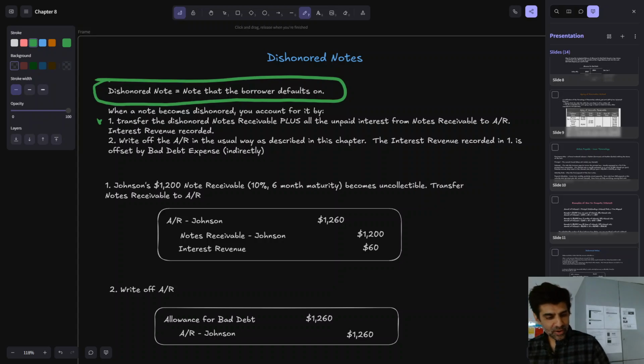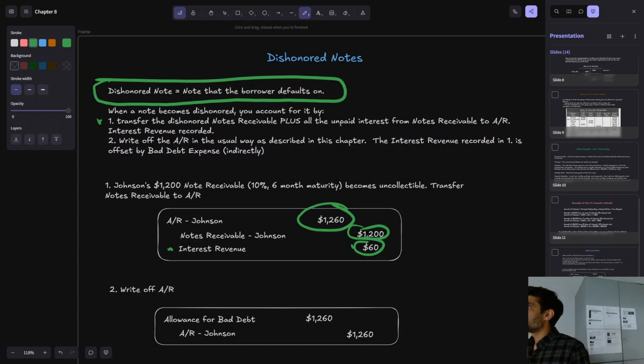You can see here that this interest revenue of $60 you're going to record, even though this person's not paying you. This person has said, "I'm not going to pay you," yet you're still going to record this revenue. So you're going to record the amount of the note receivable plus the unpaid interest, and you're going to put everything into accounts receivable.